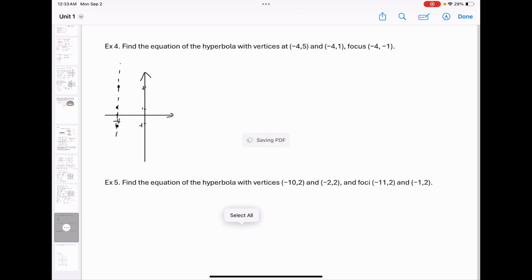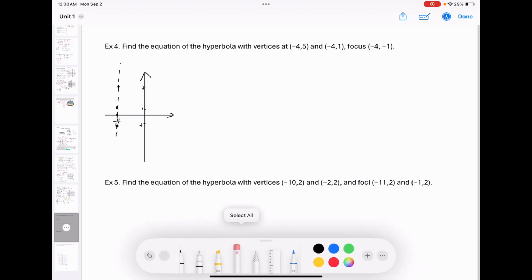Then we can make a sketch of our graph. So let's see. Okay, let's make a sketch. My graph must look like this. It goes through the vertices and then goes up and down, because the transverse axis is parallel to the y-axis.